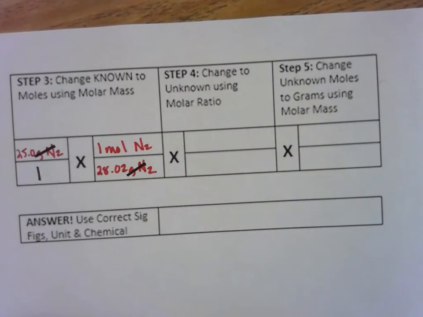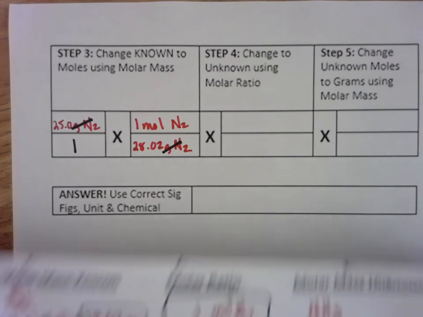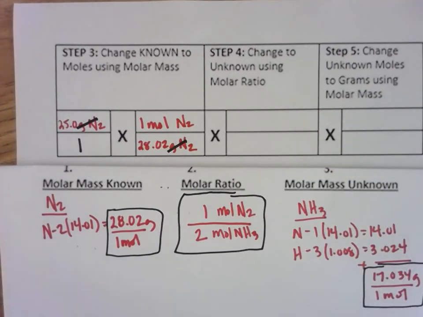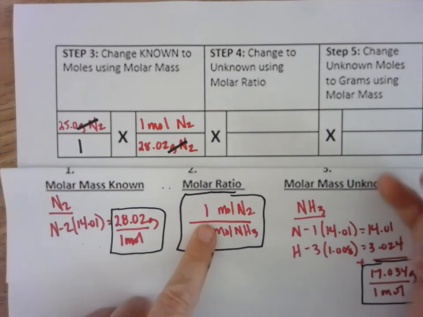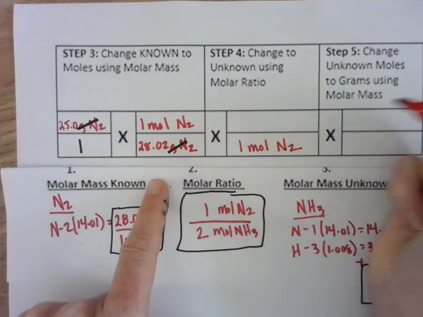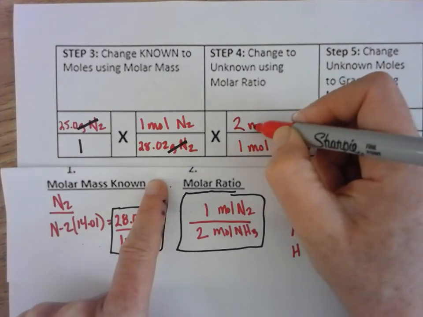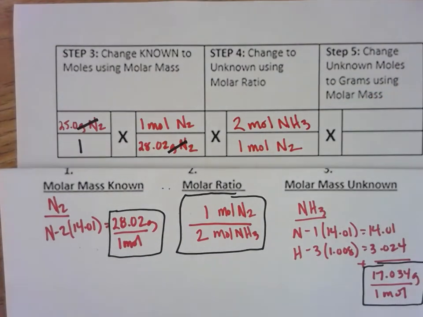All right, next I am going to need this molar ratio. So I have 1 mole on top of N2. That means I need to put the moles of N2 on bottom so that I cancel them out, and the 2 moles of NH3 on top. Again, I'm going to cancel out my like terms.